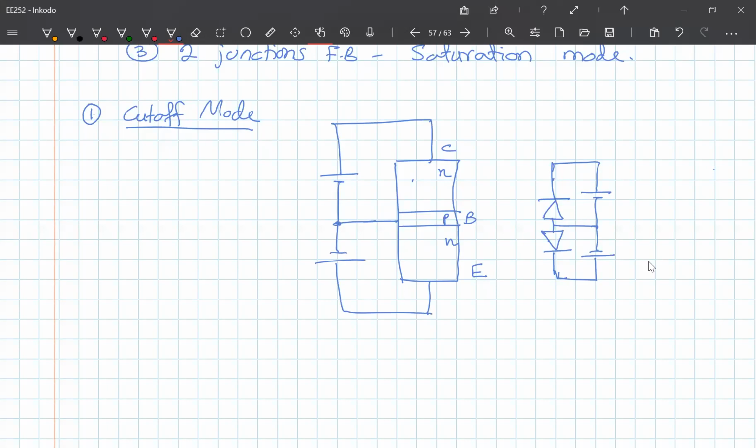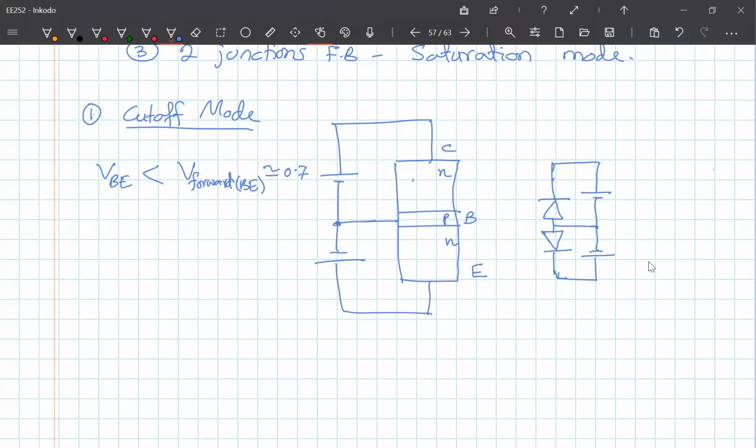Okay, so base emitter junction voltage is less than the forward voltage of this junction. So for silicon diodes, this value is roughly about 0.7. So therefore, base emitter voltage, this voltage is less than 0.7. It could be, as indicated, negative. It doesn't even have to be negative. Anything below 0.7, it will be reverse bias.